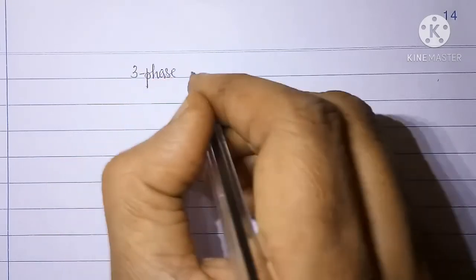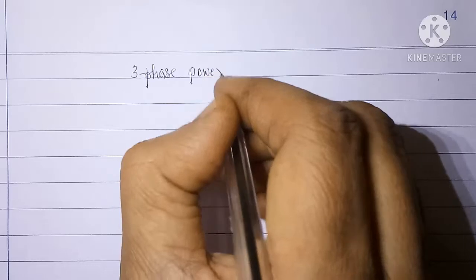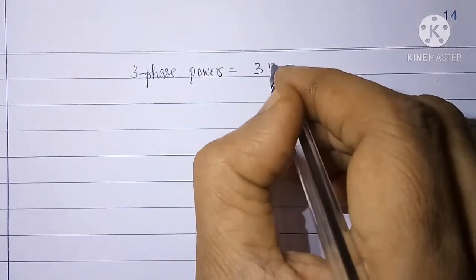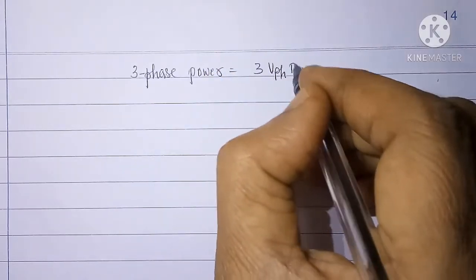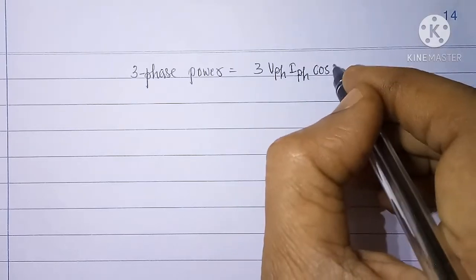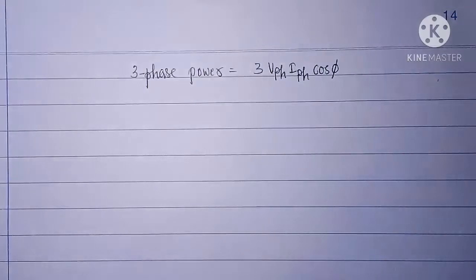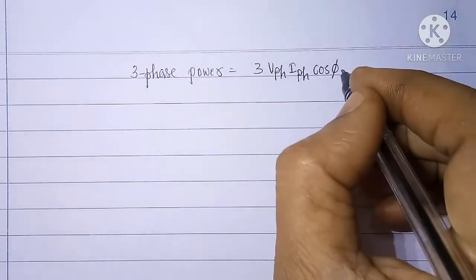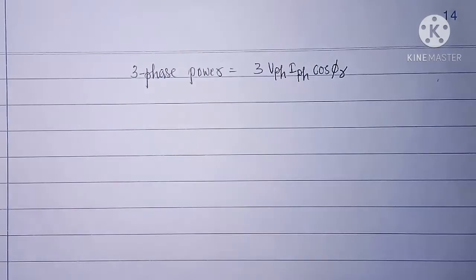Three-phase power is given by 3 into phase voltage into phase current into power factor. Let us call it as phi r because we are referring to receiving end.